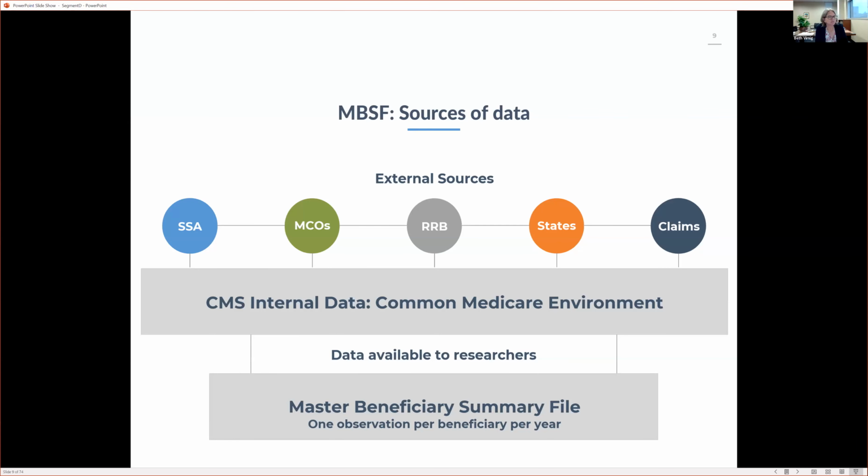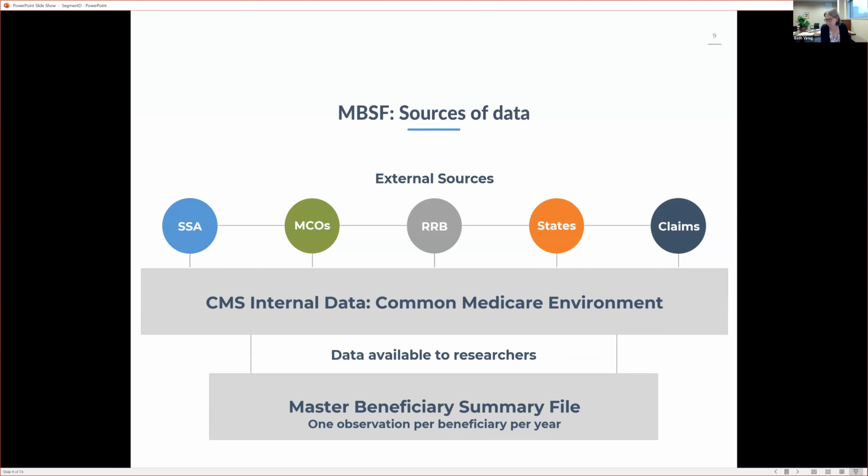They get information from the managed care organizations about whether somebody is associated with that managed care. There's the Railroad Retirement Board, which is less common now, but is a parallel retirement system that came up in the US, parallel to the Social Security Administration. A few people still get their benefits coordinated through the Railroad Retirement Board.